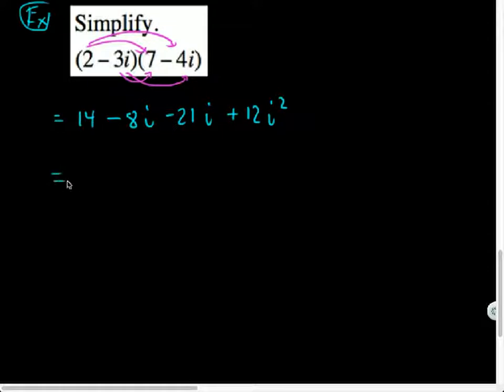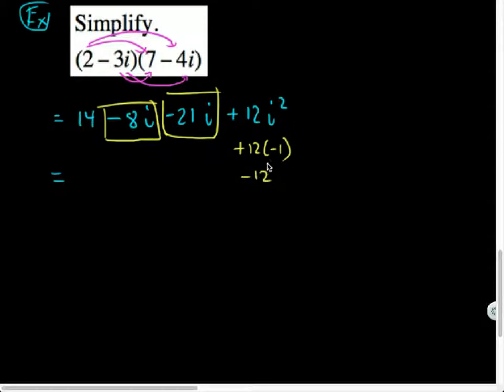Now, I'm not done yet because there is some simplification that I can do here. For instance, these i's, they are buddies, so we'll pull those together. And question, what is i squared equal to? Negative 1. So this is the same as 12 times negative 1, or a negative 12, which I could then combine with a 14. Intriguing.